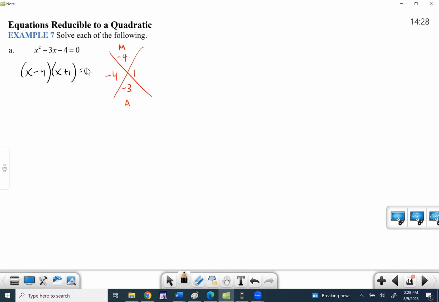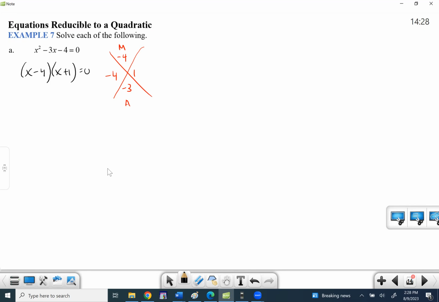Okay. If you were to FOIL this out, if you were to distribute, you're going to get your x squared at the front. You're going to get a 1x, and you're going to get a -4x. So that makes -3x. And then you're going to get a -4 when you multiply the last. So this is equivalent to the equation above it. Okay.